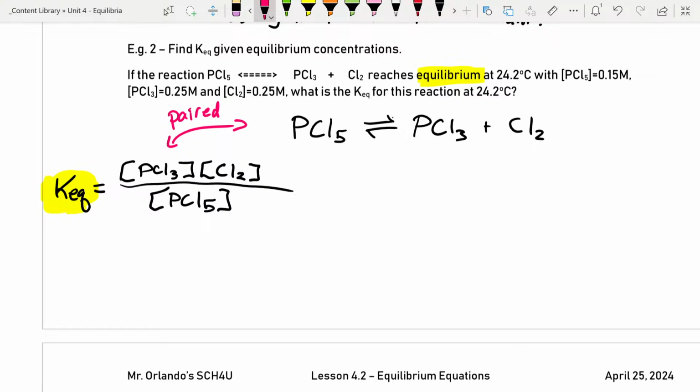Now, they've given us a question. This 24.2, am I going to have to work with that? Nah. Why does it matter? It matters because if the temperature changed, what would change? KEQ. Does that make sense?